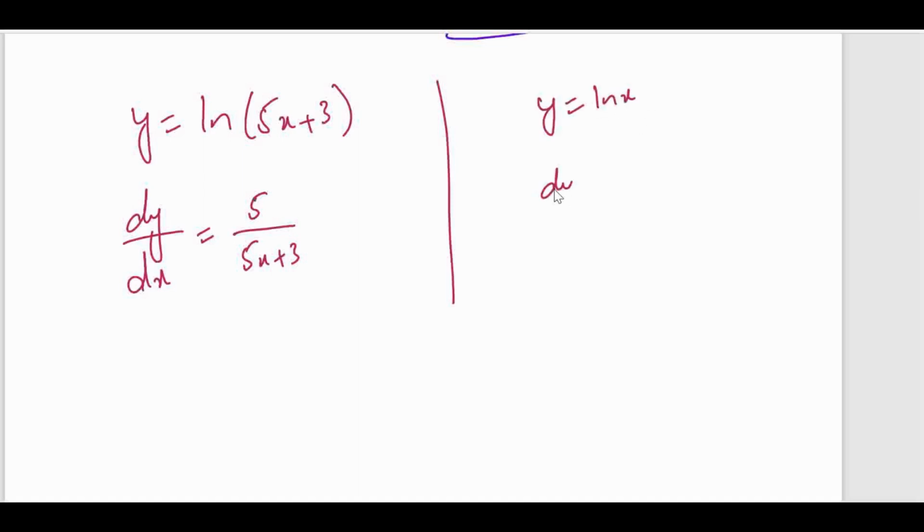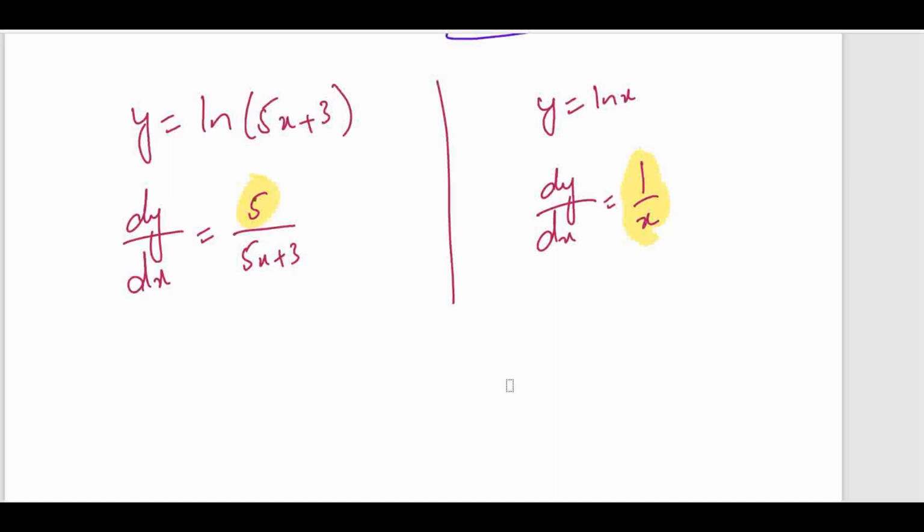So dy by dx will be equal to 1 by x. Now we have used this 5 because whatever the coefficient of x is in the expression, we have to multiply it with the answer 1 by x, and if you multiply it, the answer will be 5 by 5x plus 3.